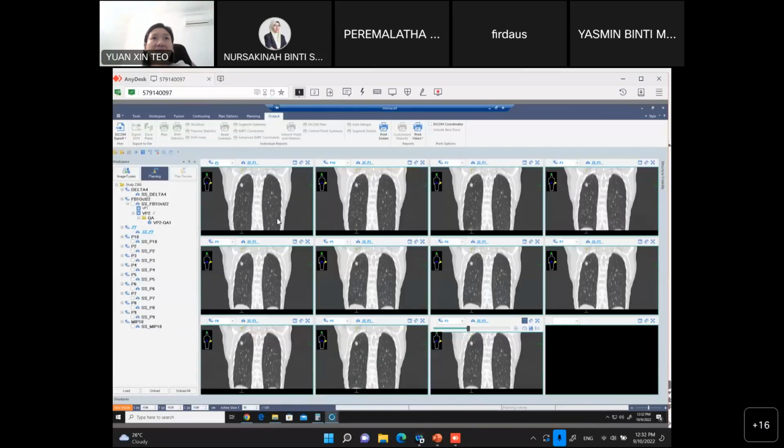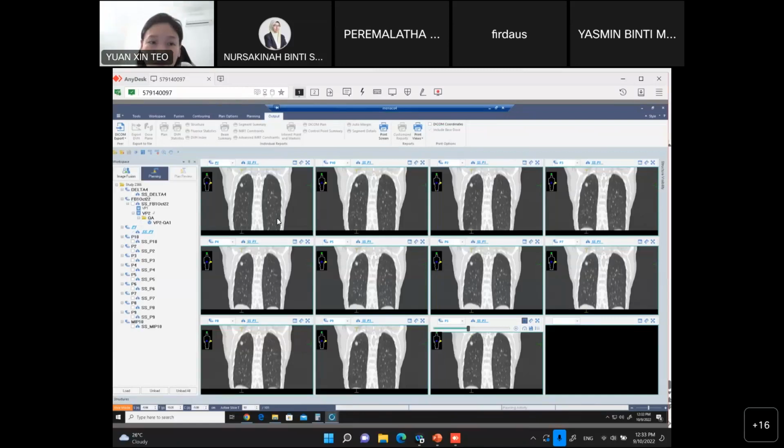So if the contrast CT scan is from imaging, we won't use that data set for planning purposes.